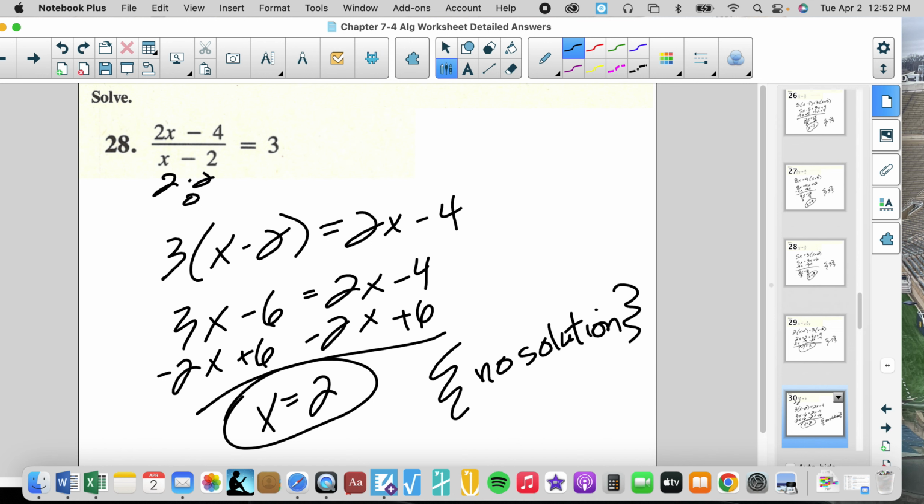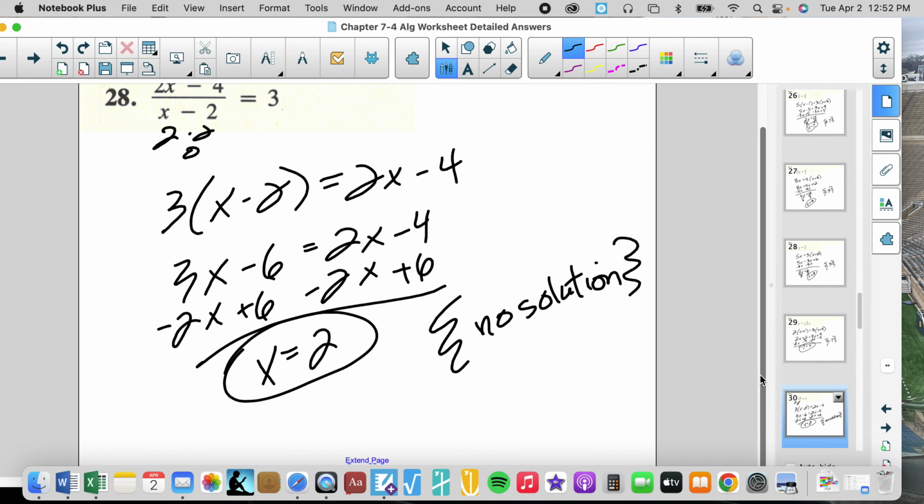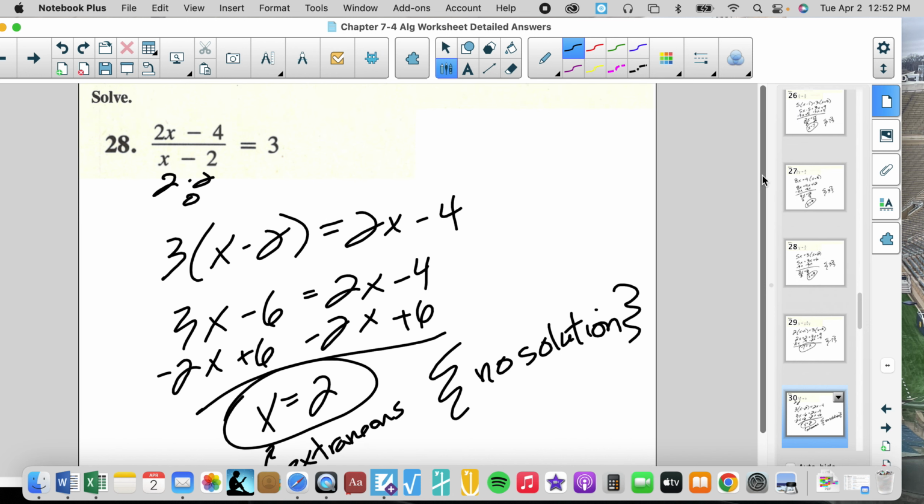No solution, even though we came up with 2, and this is what we call extraneous. That's an extraneous solution. Mathematically, we're using tricks, cross product, whatever, to isolate the variable, and math doesn't really understand.